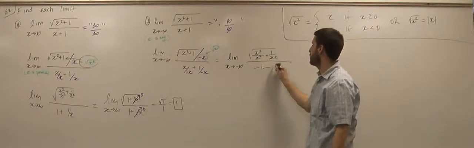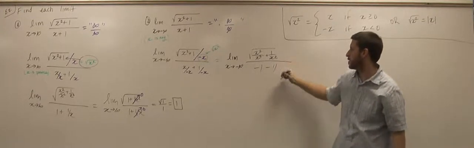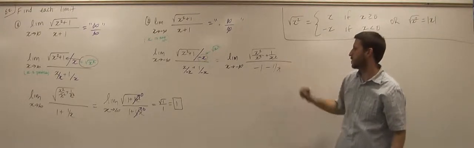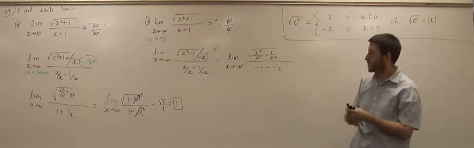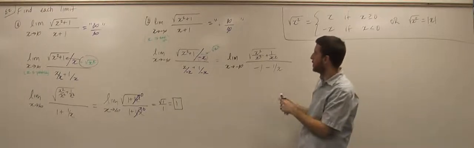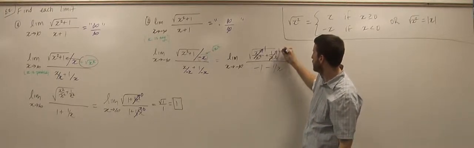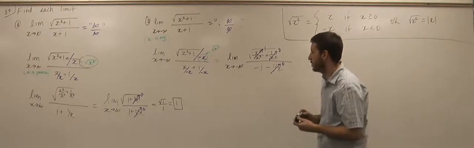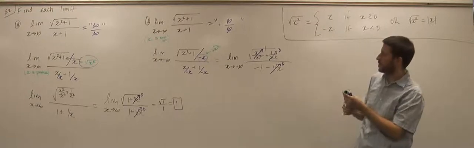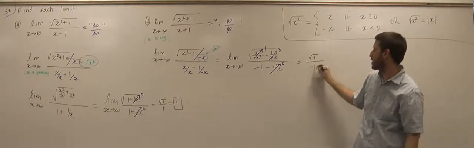The bottom is negative 1 minus 1 over x. So as x goes to negative infinity, this is 1, this is 0, this is negative 1, this is 0. So we end up with root 1 over negative 1.